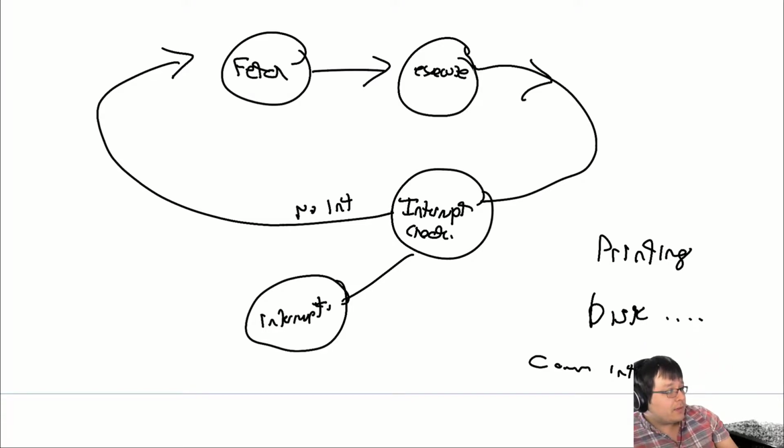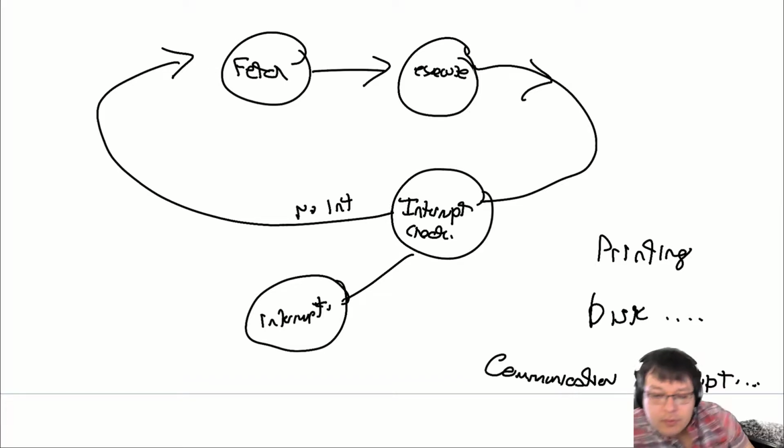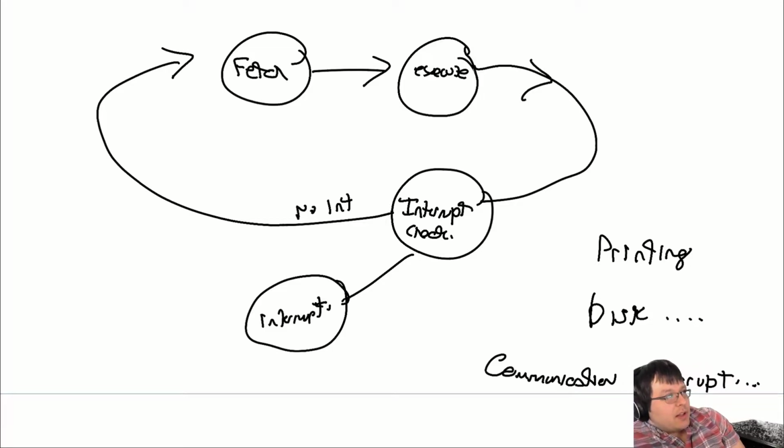So we have these different kinds of interrupts, and they might have different priority than other ones. For example, the communications interrupt could have the highest priority, because an I/O device, such as printing and reading, can wait for you. If the user typed something in that you requested, or you sent something to print out, it's not extremely critical.